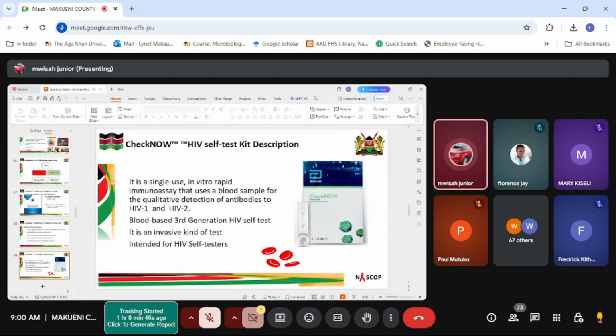The description of the kit: it is a single-use in vitro rapid immunoassay that uses a blood sample for the qualitative detection of antibodies to HIV-1 and 2. It detects both HIV-1 and 2. It is a blood-based third-generation HIV self-test, an invasive kind of test intended for HIV self-testers.